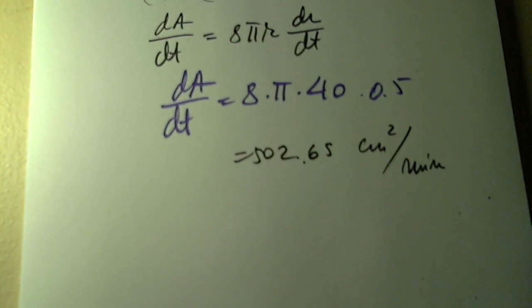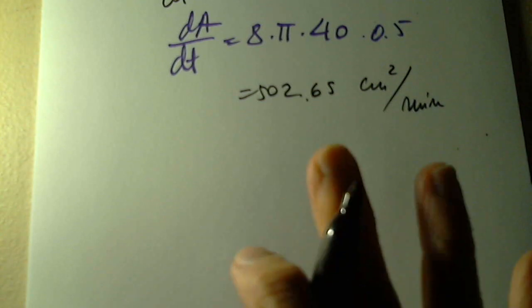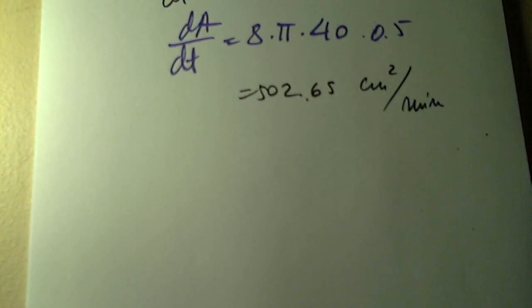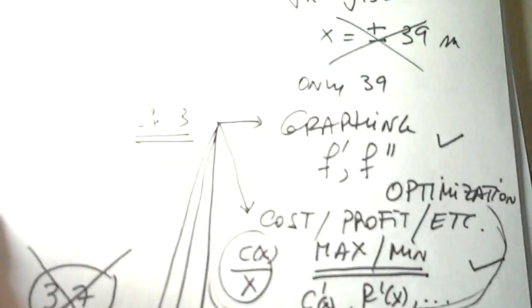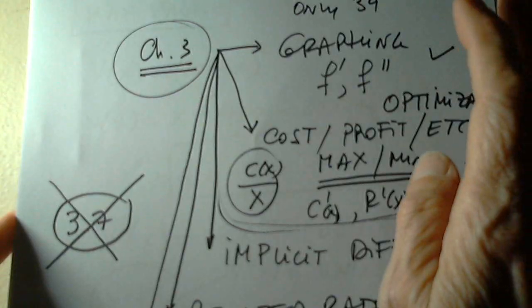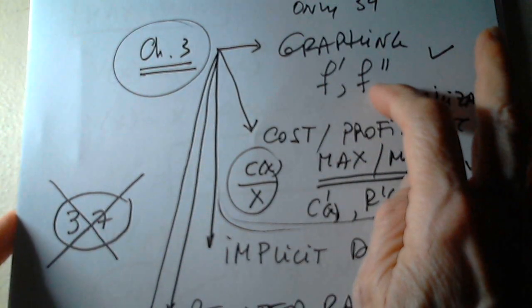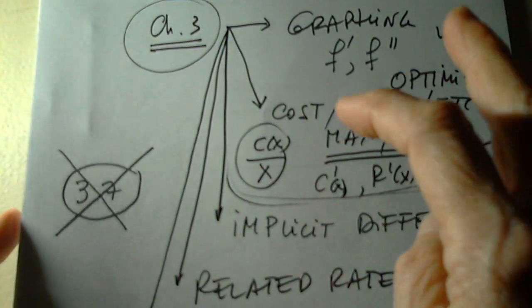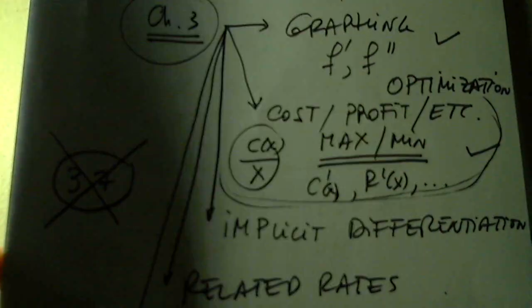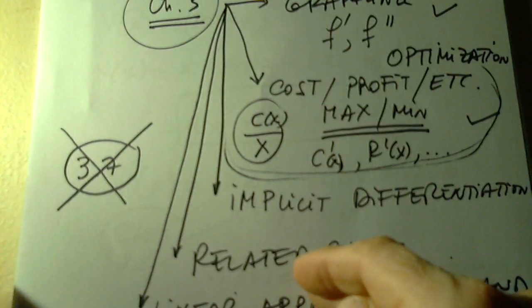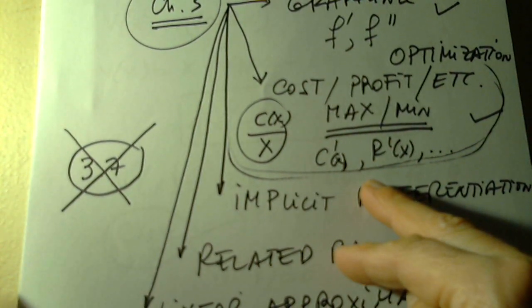Okay, so the last section that we have, I didn't skip it, I just left it at the end. So again, let's go back here for a second. Previous class notes. Graphing, what we learned from these two about the function. Profit, max, min, cost, and so on and so forth. Implicit differentiation and related rates are very, very close to each other.